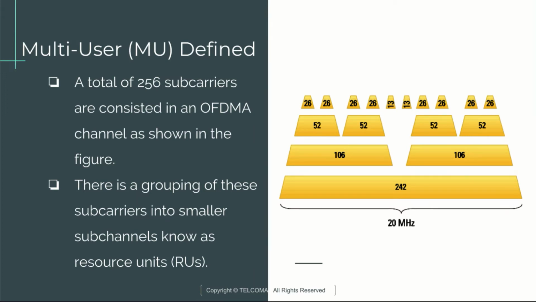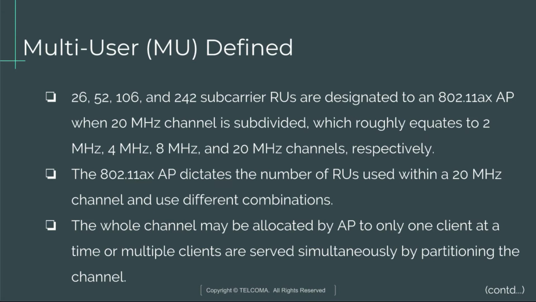These subcarriers are grouped into smaller subchannels known as resource units. 26, 52, 106 and 242 subcarrier RUs are designated to an 802.11ax AP when a 20 MHz channel is subdivided, which roughly equates to 2 MHz, 4 MHz, 8 MHz and 20 MHz channels respectively.